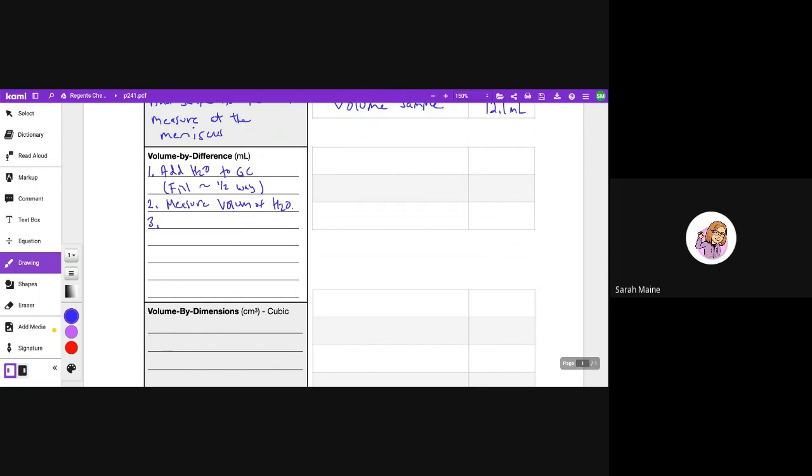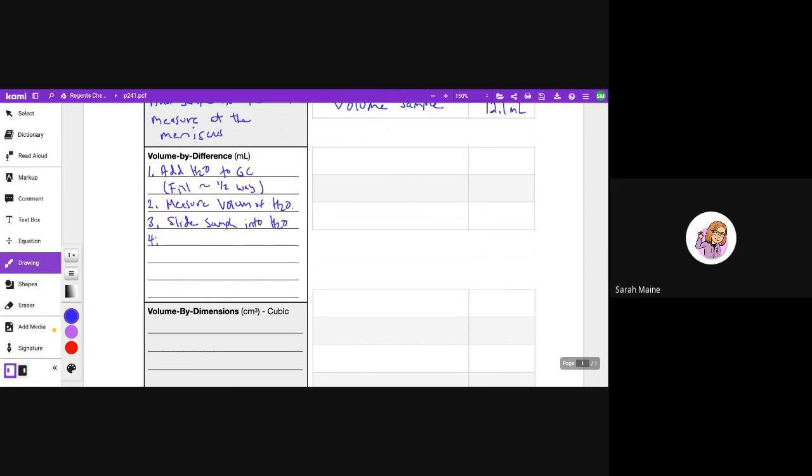Or the object could be dropped with enough force that, if you have a glass graduated cylinder, it could actually crack or break the graduated cylinder. So hold your cylinder at a slight angle and slide the sample into the water.